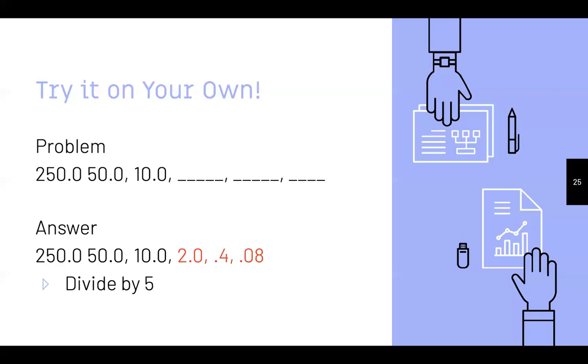Well, 5 doesn't go into 0.4, so it becomes 0.0. Now, we can put another 0 in the hundredth place. So now it's, how many times does 5 go into 40? Because we have that extra 0, and that's 8. So 0.08 is that last term.